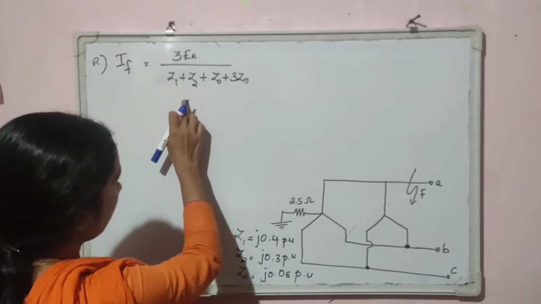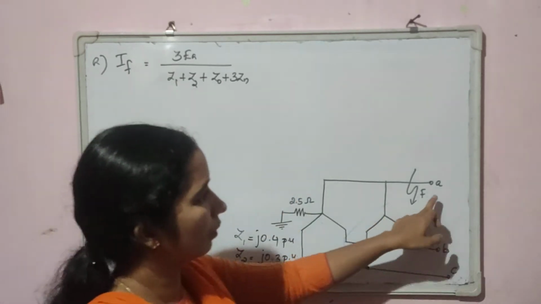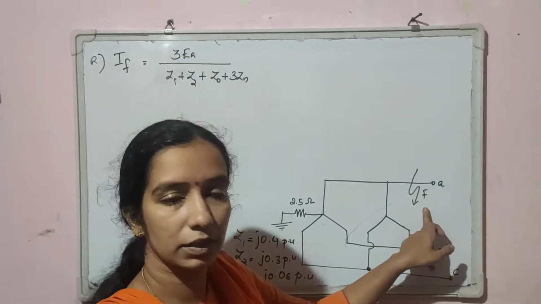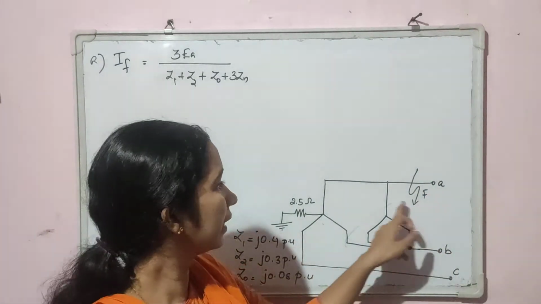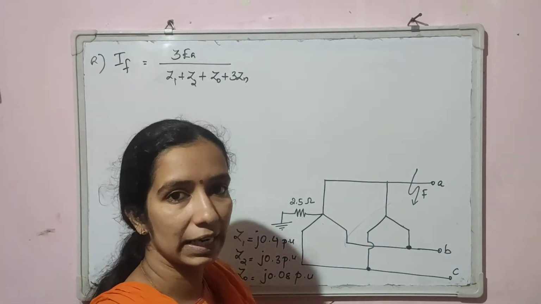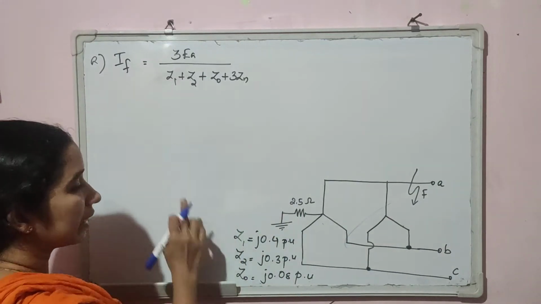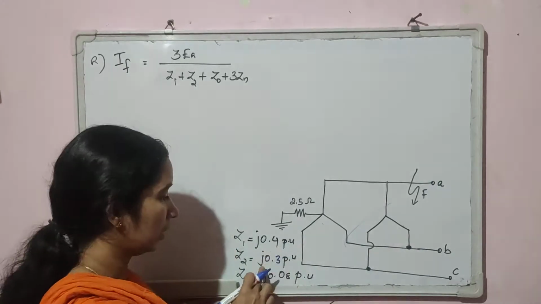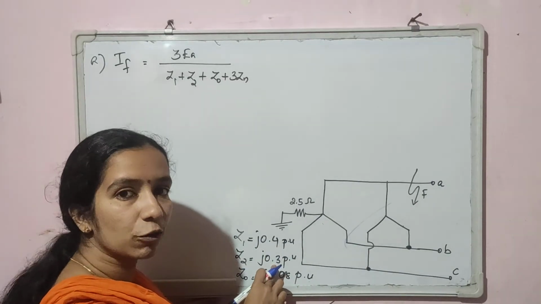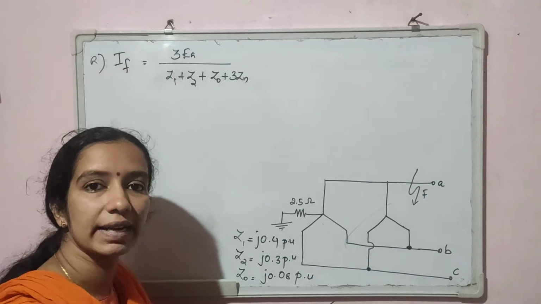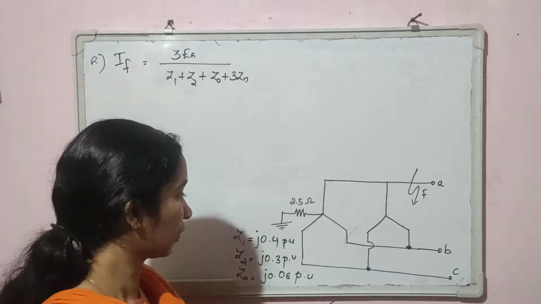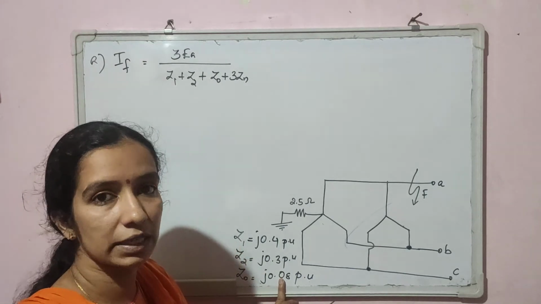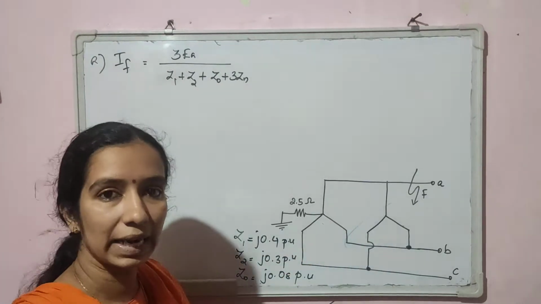Now, we need the fault current flowing through this particular point. The fault is on this phase A, and these two alternators are in parallel, and each alternator has a positive sequence reactance of j0.4, negative sequence reactance j0.3 and zero sequence reactance j0.08. These are the sequence impedances of each of the generators and they are in parallel.